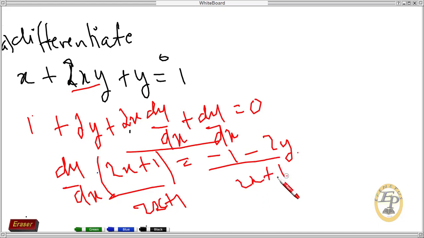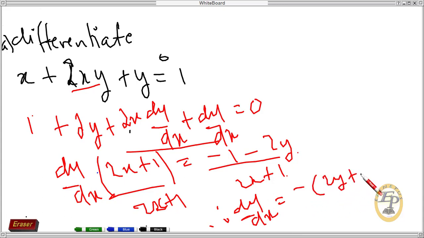Therefore we can conclude that our dy/dx is going to be equal to negative (2y plus 1) all divided by (2x plus 1). This becomes the solution.